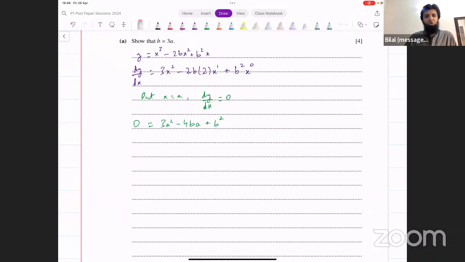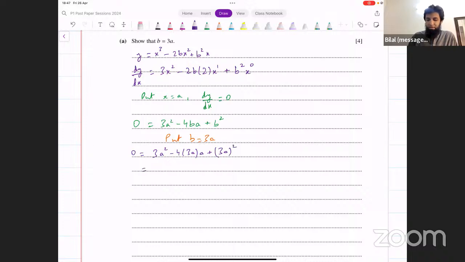Now, since we just need to show this, one idea could be, and that will be easier to do, that you just put b equals 3a here and prove that this equation satisfies. That means b equals 3a. You just need to show that, right? So if we just put that here, you can see what that gives you. 0 equals 3a squared minus 4 into 3a times a plus 3a whole squared.